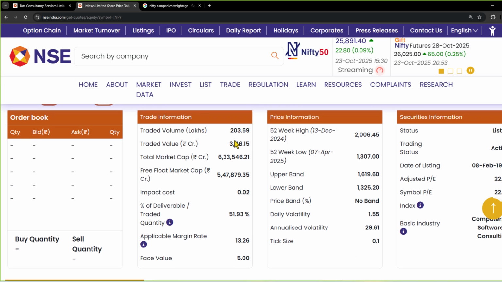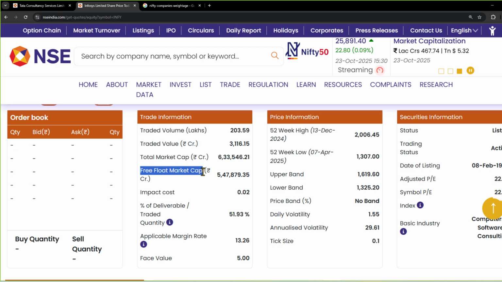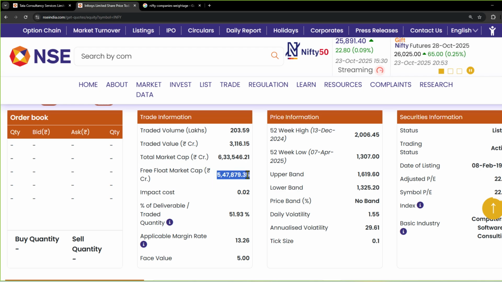In this page, you can see that the total market cap of Infosys is this much, and the free float market cap is this much. Correct? So this information can be obtained for any companies in NSE website.